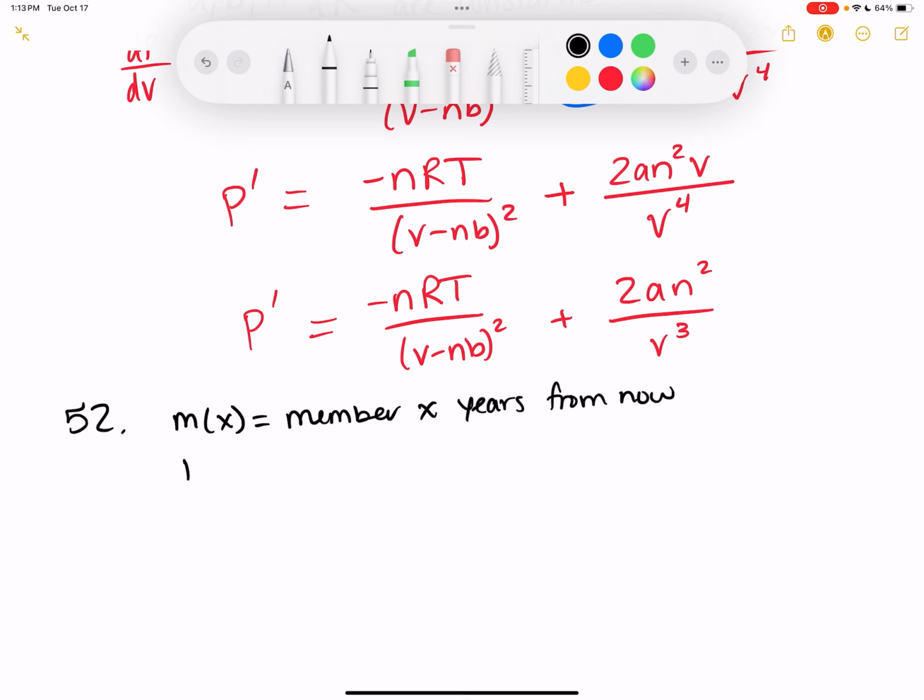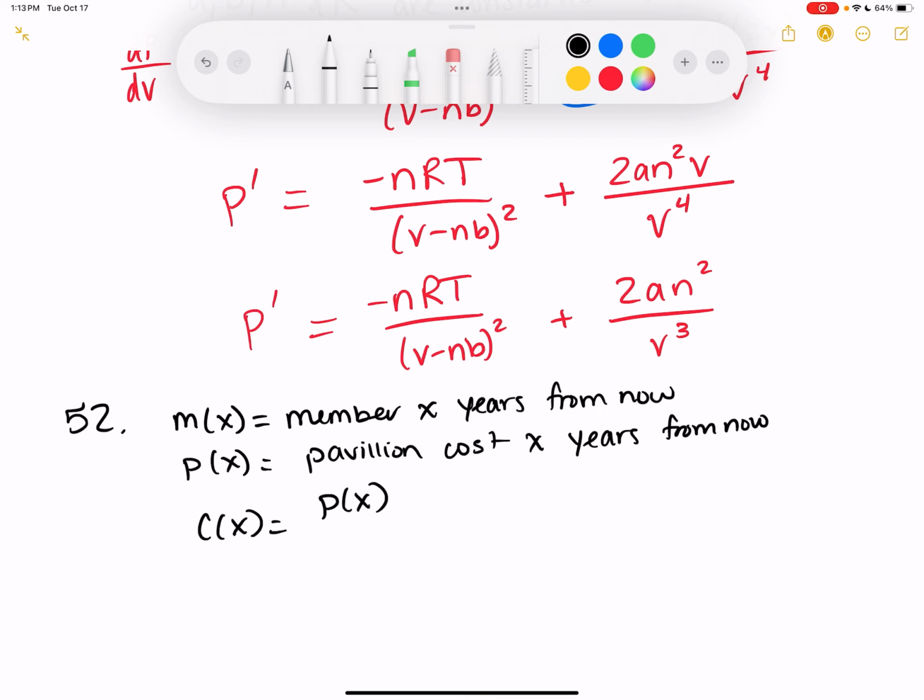Then we're going to have p of x, which is going to be the pavilion cost x years from now. So the cost per member is c of x, equal to the cost of the pavilion, p of x, divided by m of x, which is the number of members. Okay?